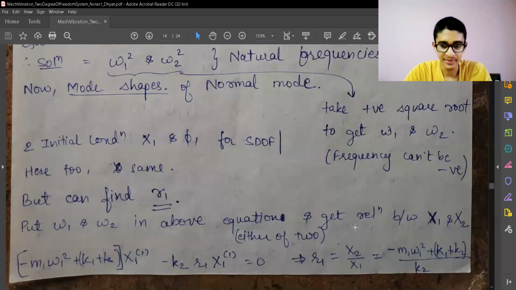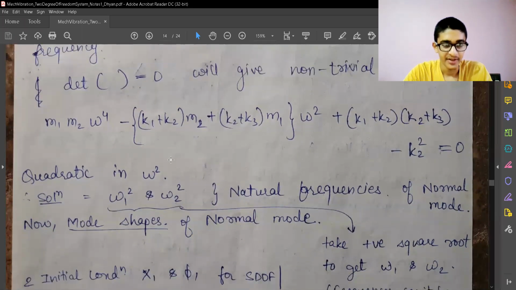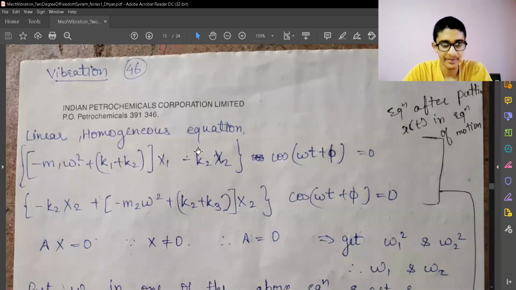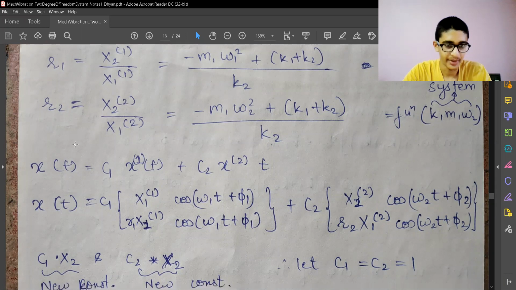I have not explicitly written the values of omega 1 and omega 2 over here, but since omega 1 and omega 2 are going to be the solution of this equation, and this equation has all the system parameters, that is mass and stiffness, with no amplitude X, my omega 1 and omega 2 are going to be functions of mass and stiffness, the system parameters again. So R1 and R2 are completely dependent on system parameters.